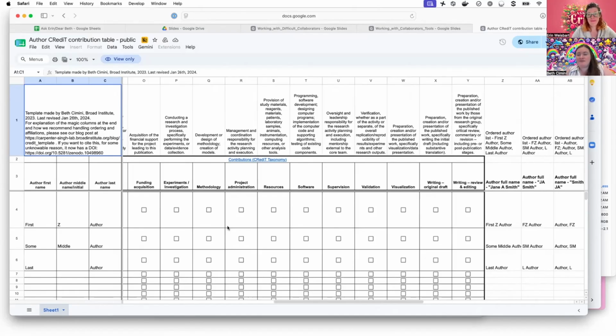So as soon as somebody starts working on a project, say, "Okay, at the beginning we set up this contribution table, put what you did as you do it." It feels so terrible to have been forgotten on a paper. Absolutely. So this helps ensure that that never happens.